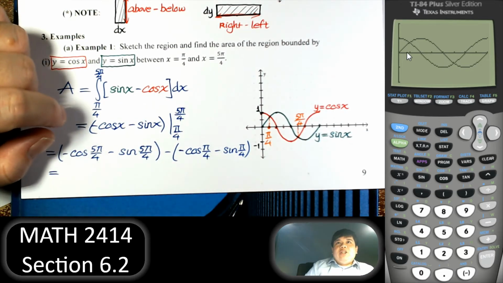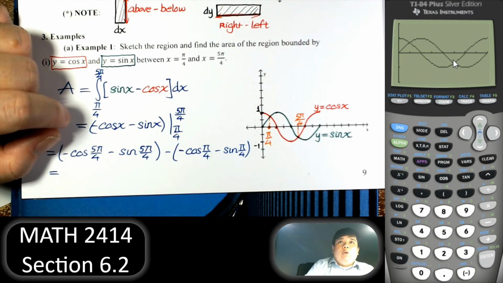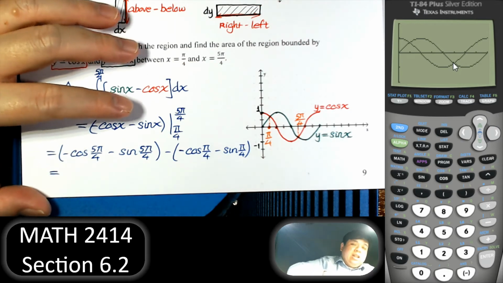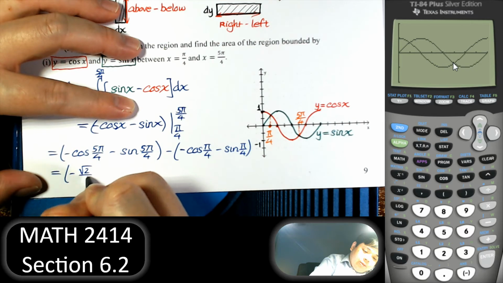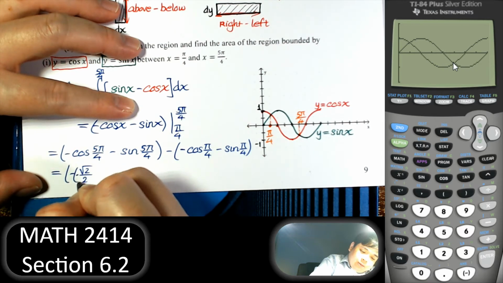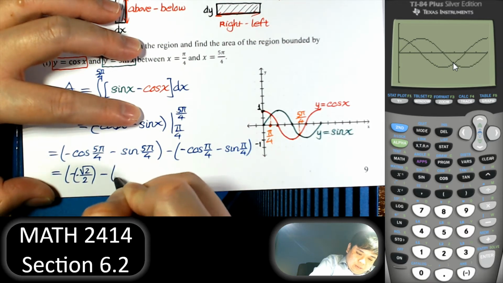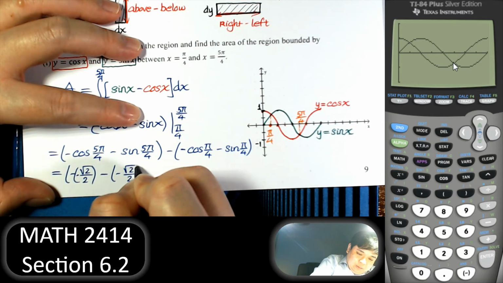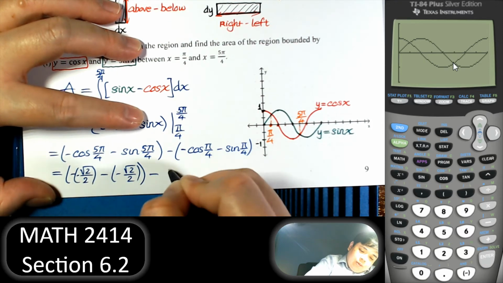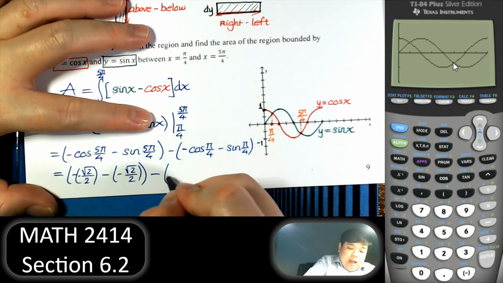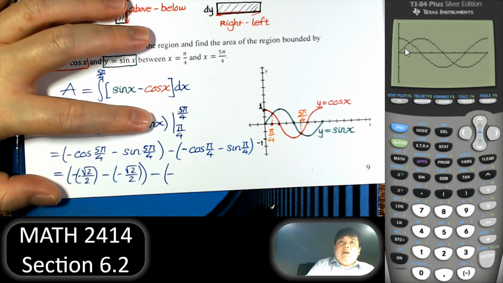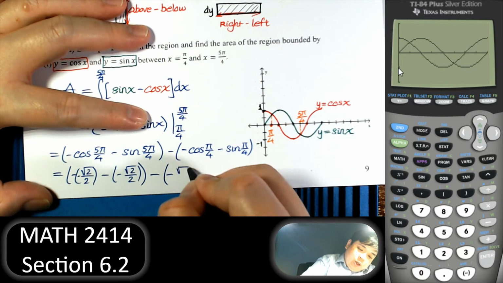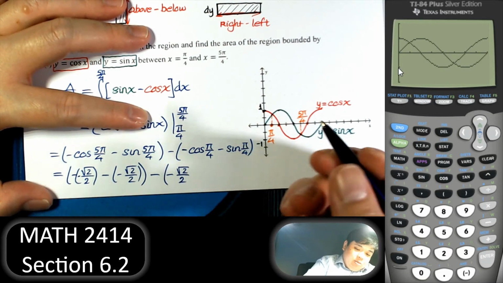Okay, we can just look real quick. Cosine and sine of 5 pi over 4, both of them are negative. The value is square root of 2 over 2. And then cosine and sine of pi over 4, both of them are positive. So square root of 2 over 2, because that's like 45 degrees.